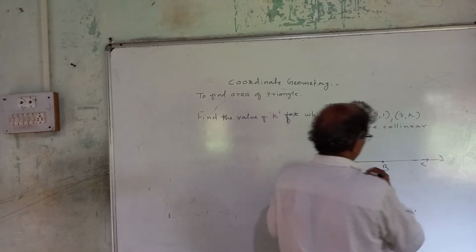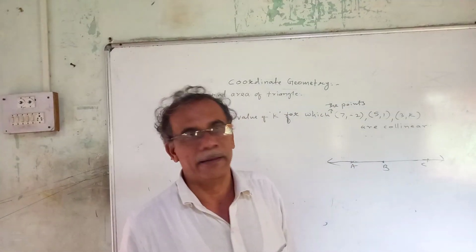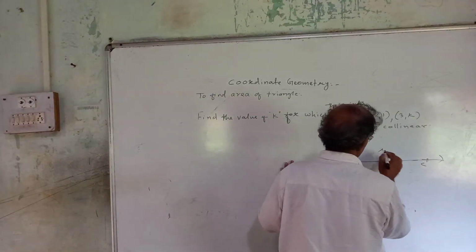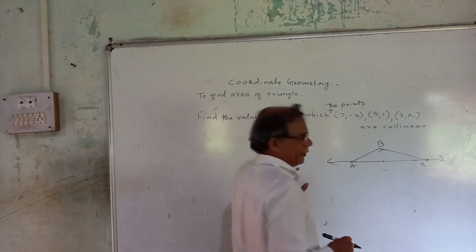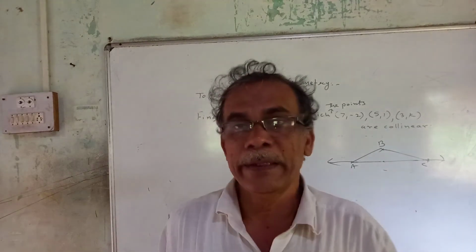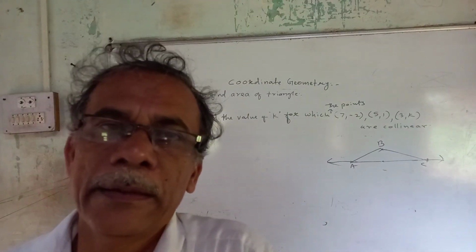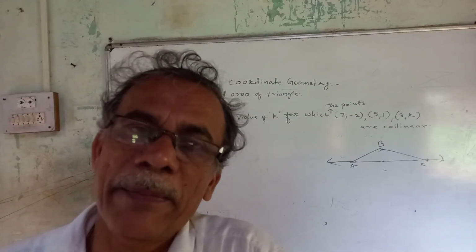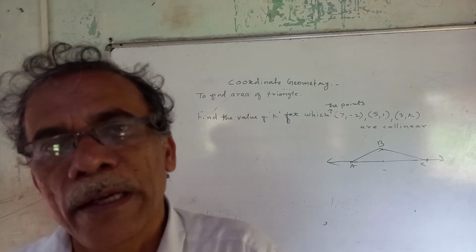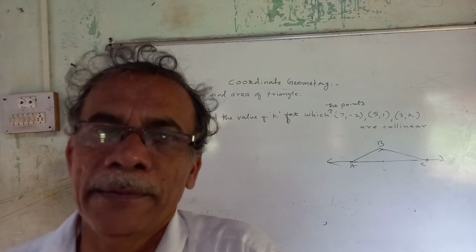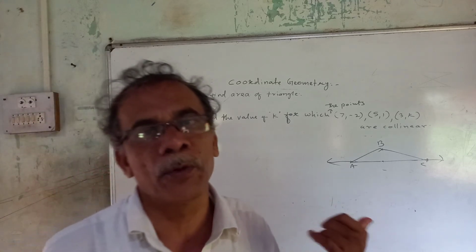You can't get here after joining them a triangle. Suppose the 3 points are non-collinear. See A, B somewhere here, you get the triangle. So if 3 points are collinear, they do not form the triangle, means area of the triangle formed by these 3 points is always 0. No triangle means no area. So that principle we have to use here.